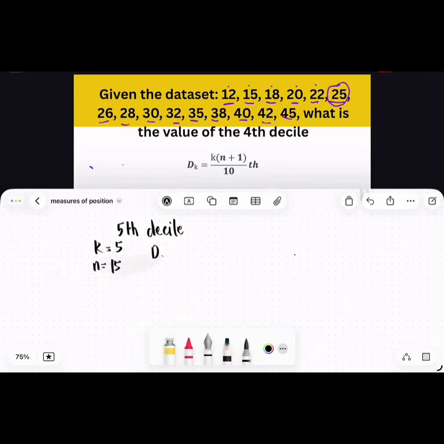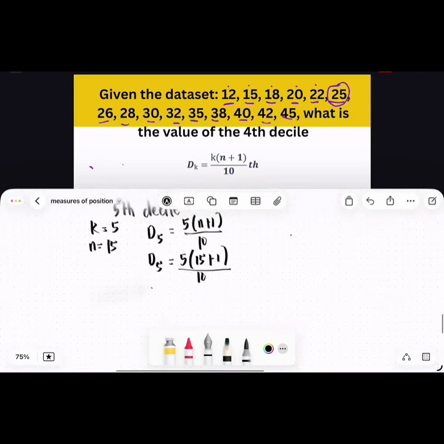D sub 5 is equal to 5 times n plus 1 all over 10. Now, substitution. Decile 5 is equal to 5 times n, which is 15, plus 1 all over 10. Next, decile 5 is equal to 5 times 15 plus 1, which is 16, all over 10.